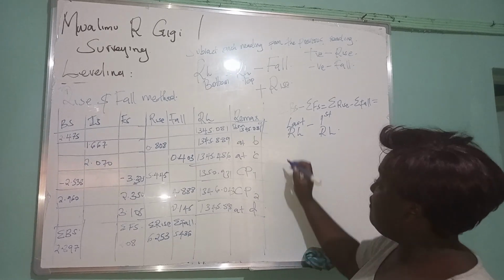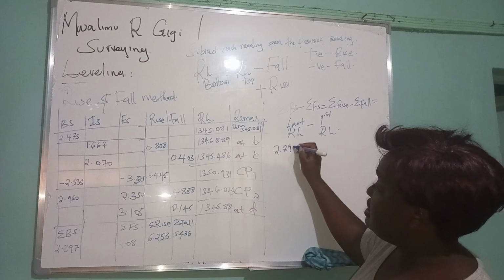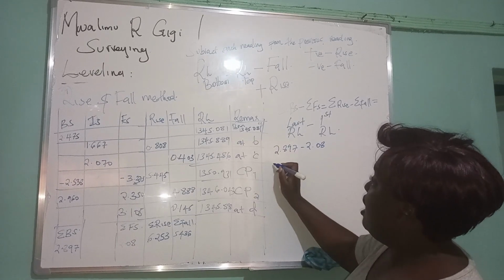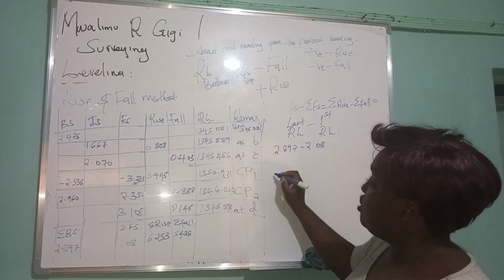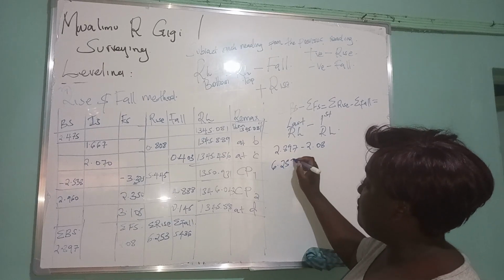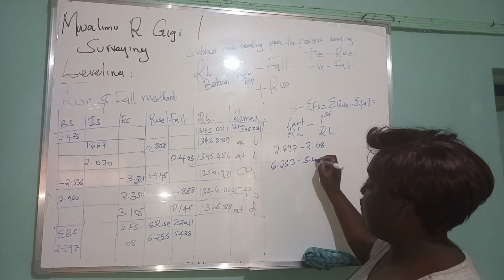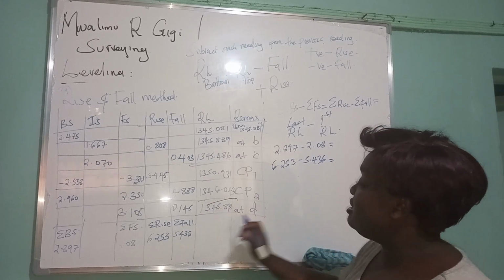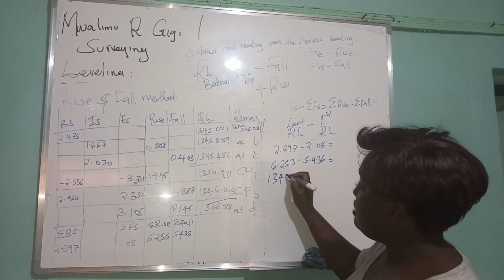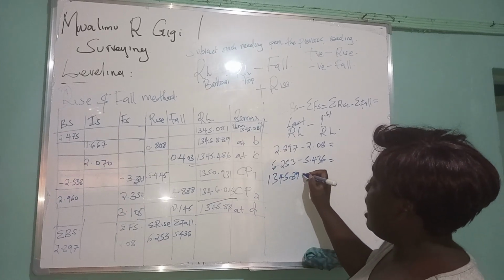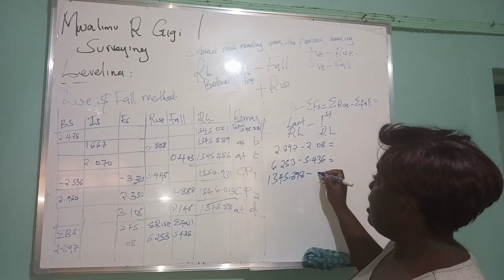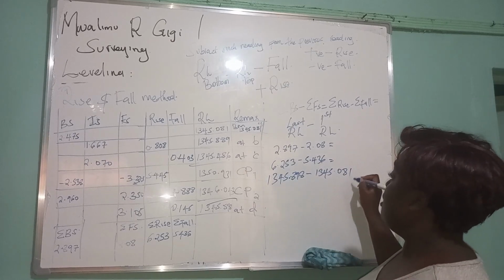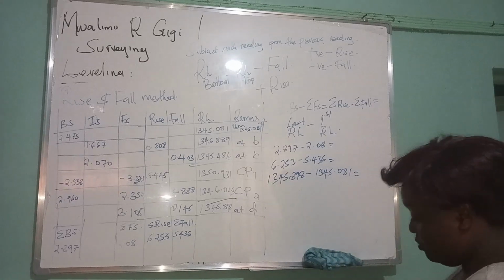So the sum of backside is 2.897 minus 2.08, then the summation of rise is 6.253 minus 5.436, should be equal to the last reduced reading 1345.898 minus 1345.081. So our answers should be equal.